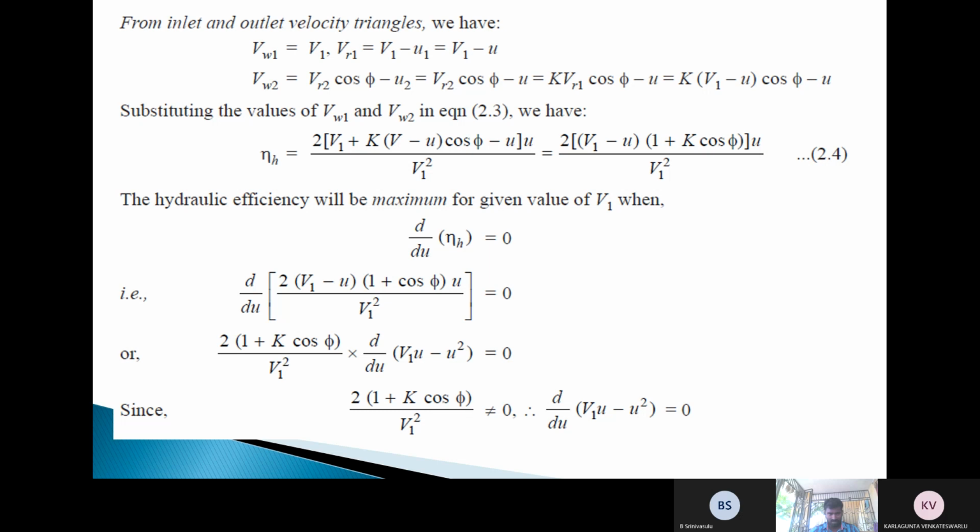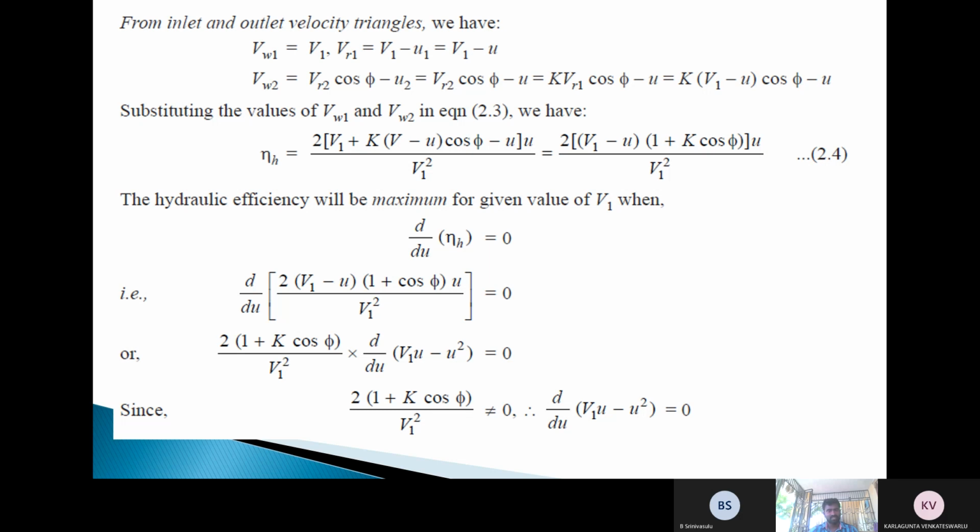Substituting the values of VW1 and VW2 in equation number 2.3, the hydraulic efficiency is 2 into (V1 minus U) (1 plus K cos phi) into U divided by V1 square.